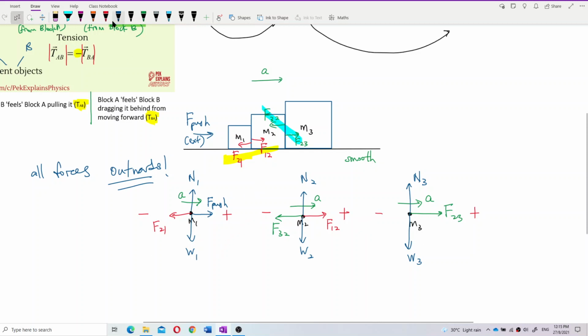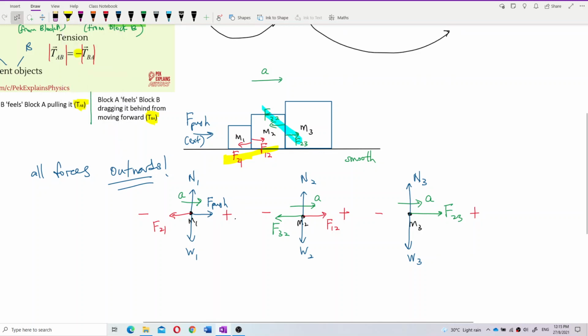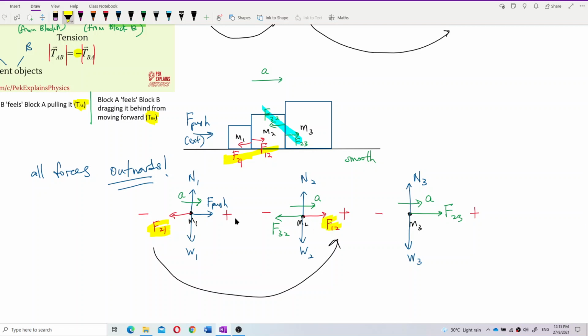Again, action and reaction forces are equal in magnitude. Like this F21, you get the value from here and later substitute it to here, because they are equal in magnitude. After you solve, you get F32.